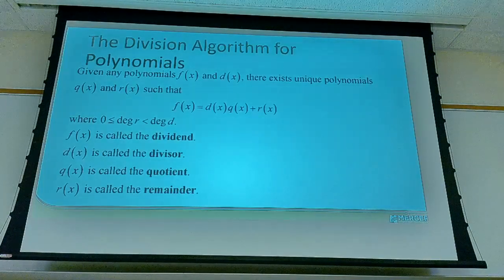Multiply everything through by 1 over d of x. We then have f of x over d of x equals q of x plus r of x over d of x.